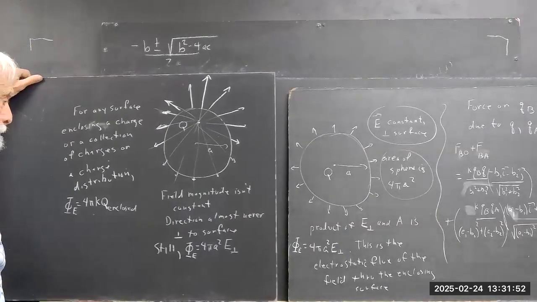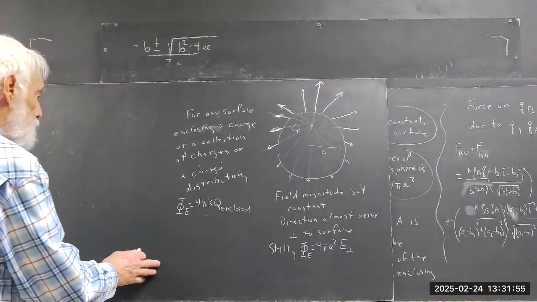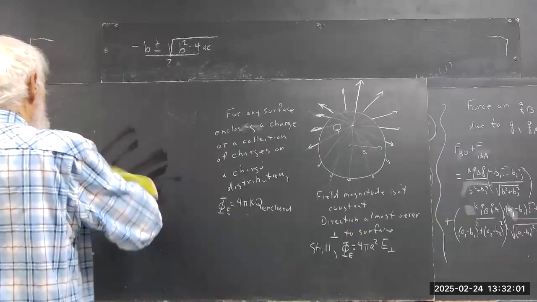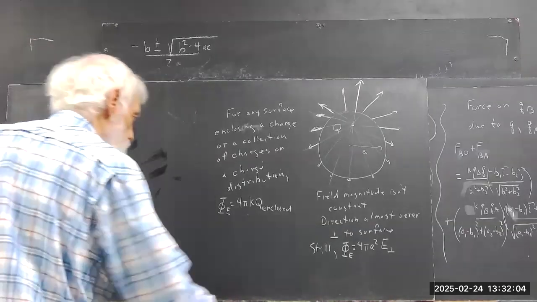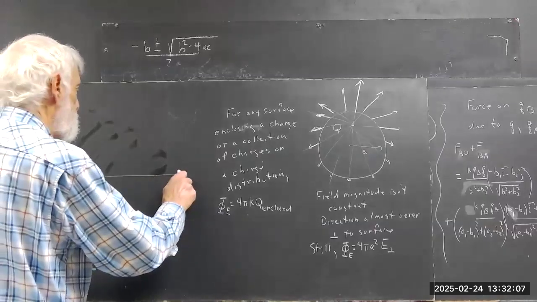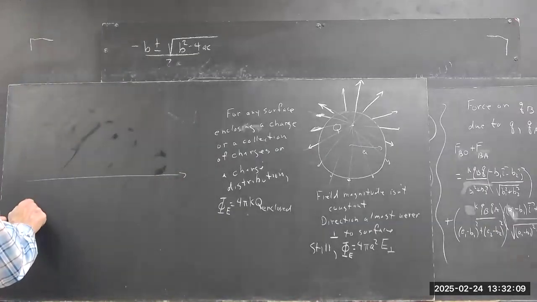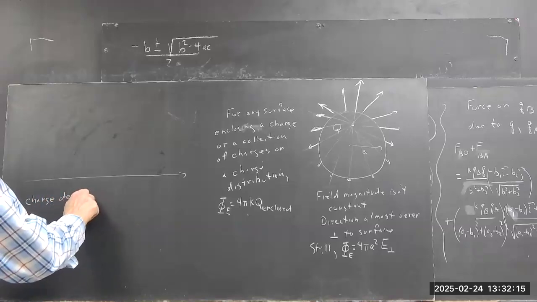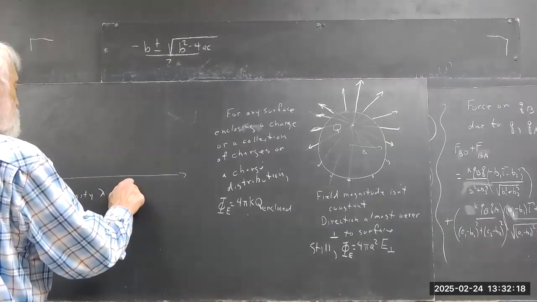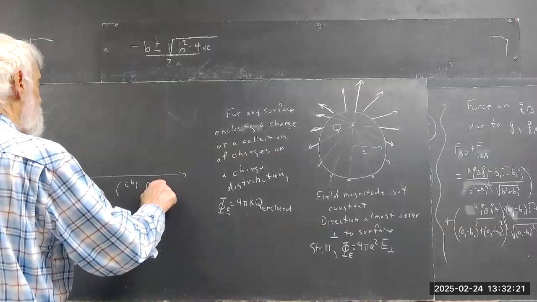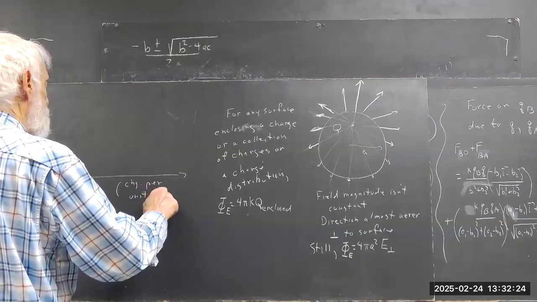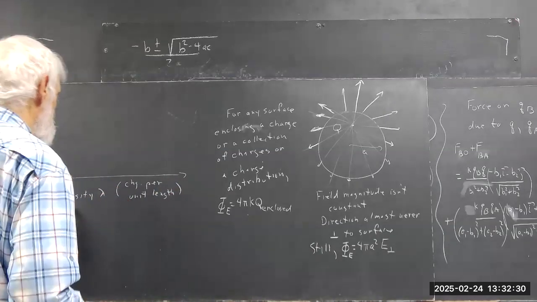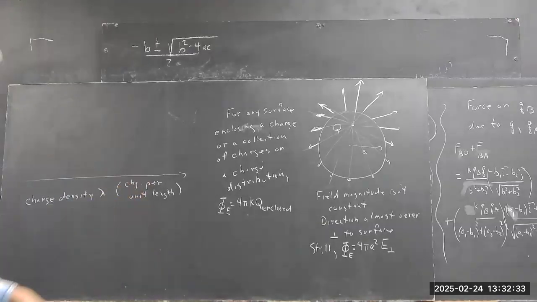Okay, well, I'm going to give you an example. Say that we have a charge density lambda, where lambda is charge per unit length.